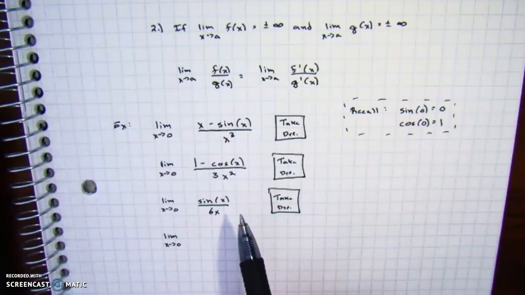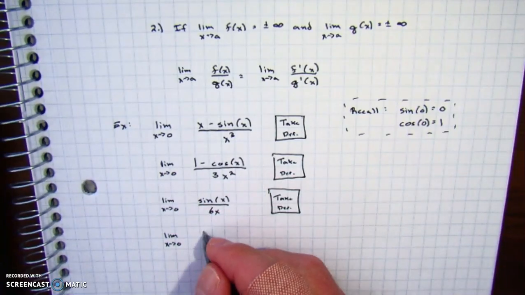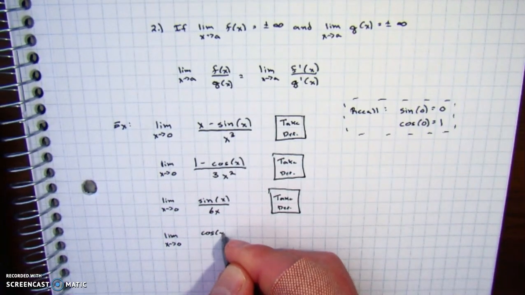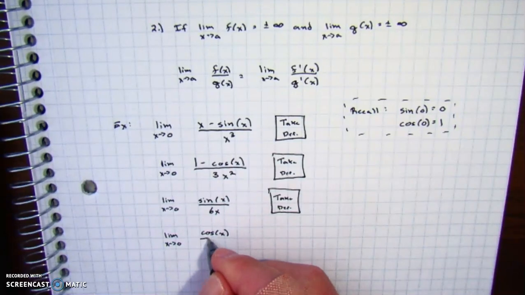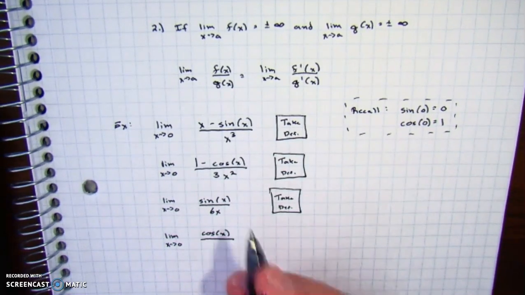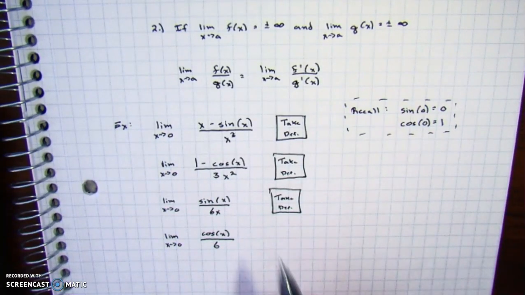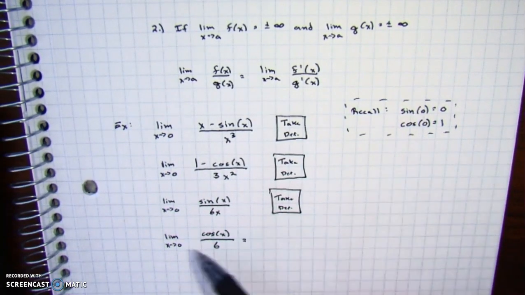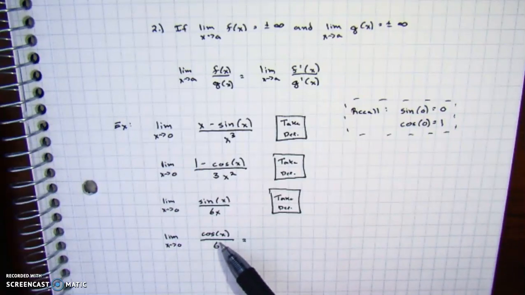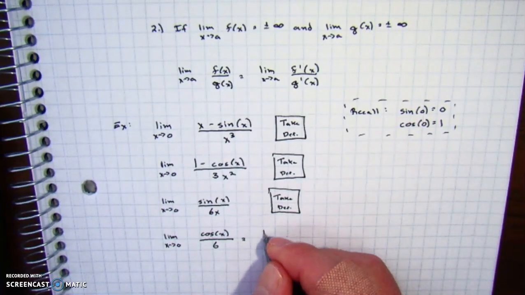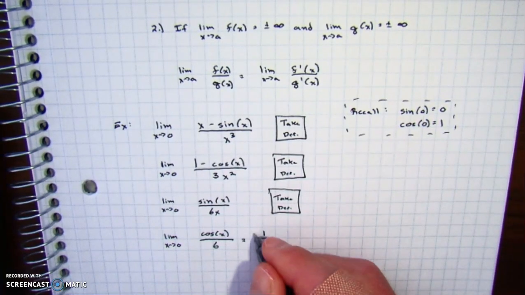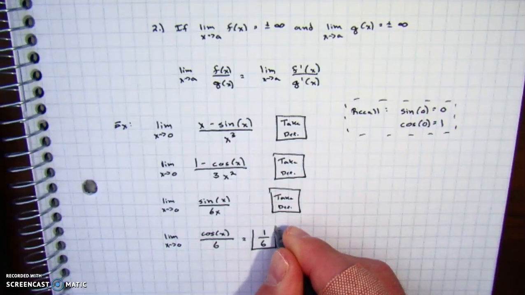The derivative of sine x is just cosine x, and the derivative of 6x is 6. And now we're in business because x approaches 0, so cosine of 0 equals 1, over 6. And that's our answer.